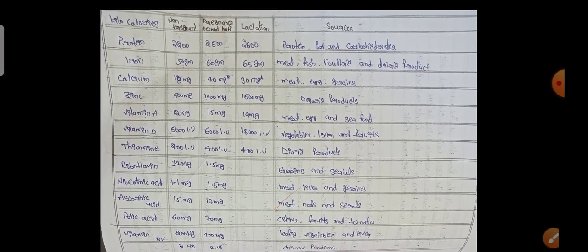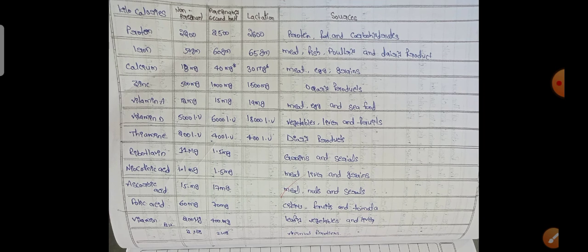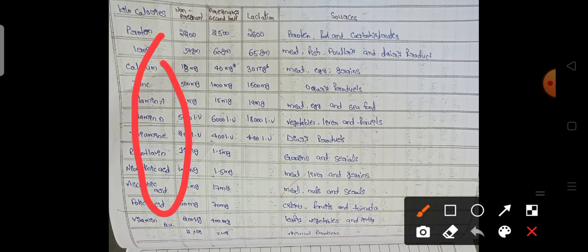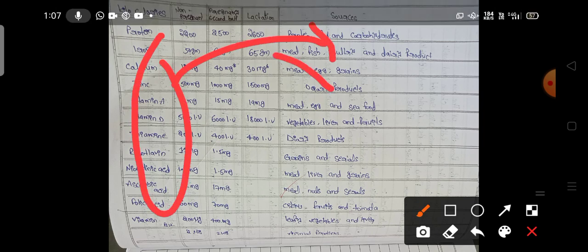So this is how much the mother has to get, and the sources where we are getting the protein, iron, calcium, zinc, vitamin A, D, thiamine, riboflavin, everything; we have given sources. So these are important for the mother, where she is getting them from by taking this type of food.